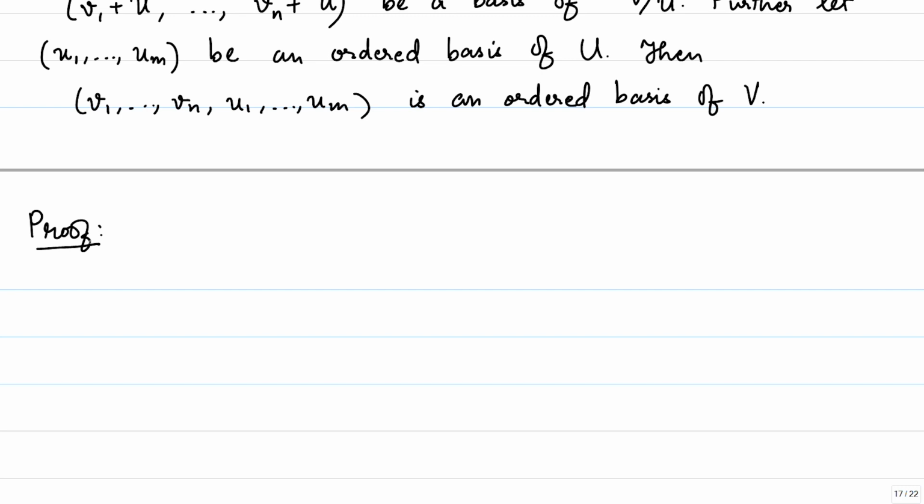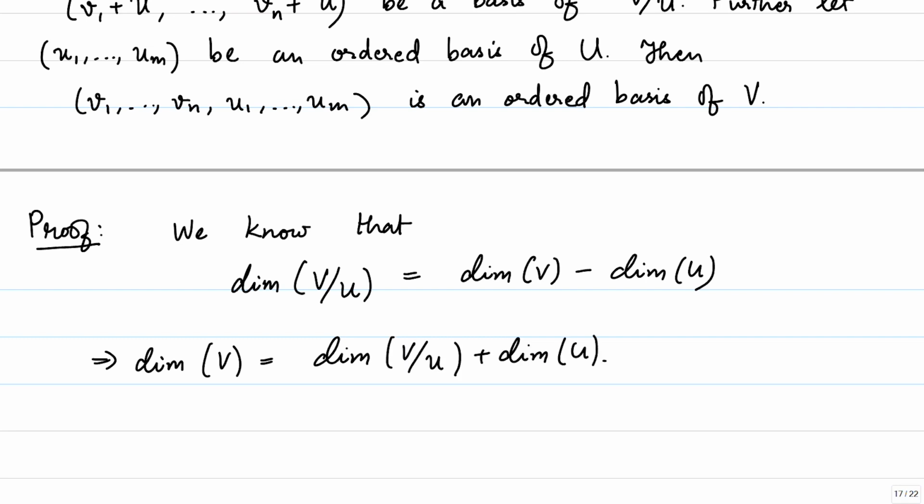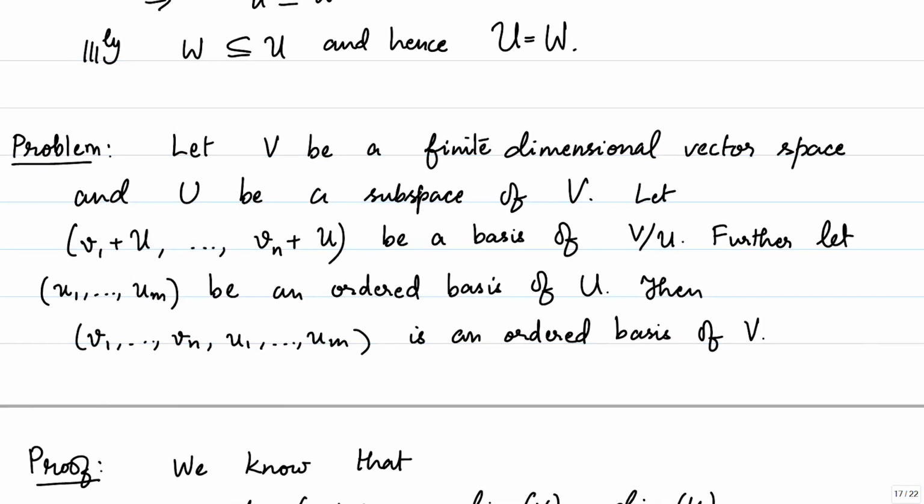If you go back to your lectures, we know that the dimension of V mod U is equal to the dimension of V minus the dimension of U. So in particular, the dimension of V is equal to the dimension of V mod U plus the dimension of U. Now we know exactly what these numbers are.